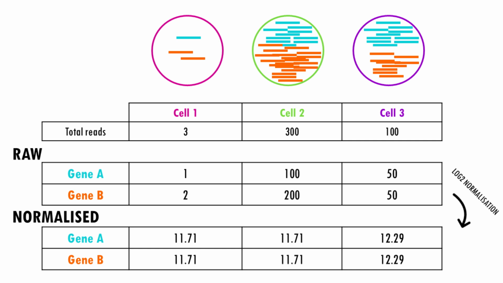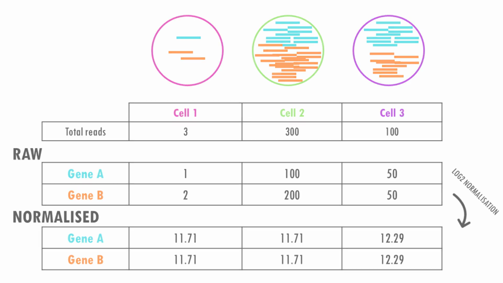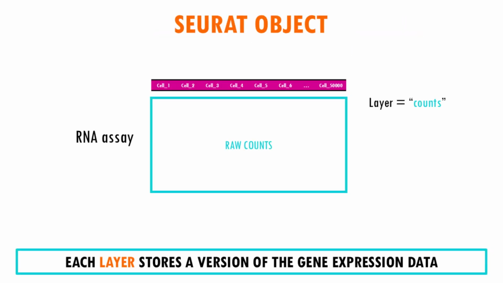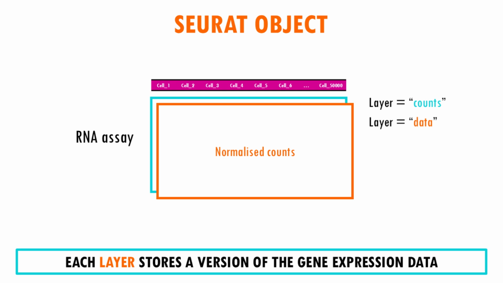So now we see that the normalized counts for gene B are the same between cell 1 and cell 2. Of course, this is a very simple example with only 2 genes, but the point is that log2 normalization would make the counts comparable across cells and account for differences in library size. The normalized data in the SRA object is stored in the layer data.